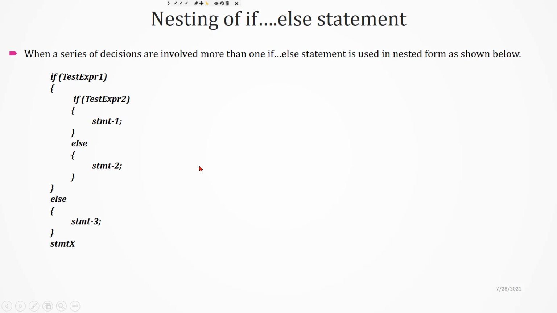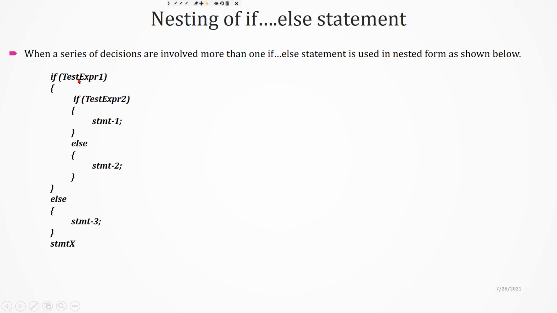Nesting of if-else statement. When a series of decisions are involved, more than one if-else statement is used in nested form as shown below. So this is an example of a nested if-else statement. Just listen carefully. During the execution, first expression 1 will be tested.